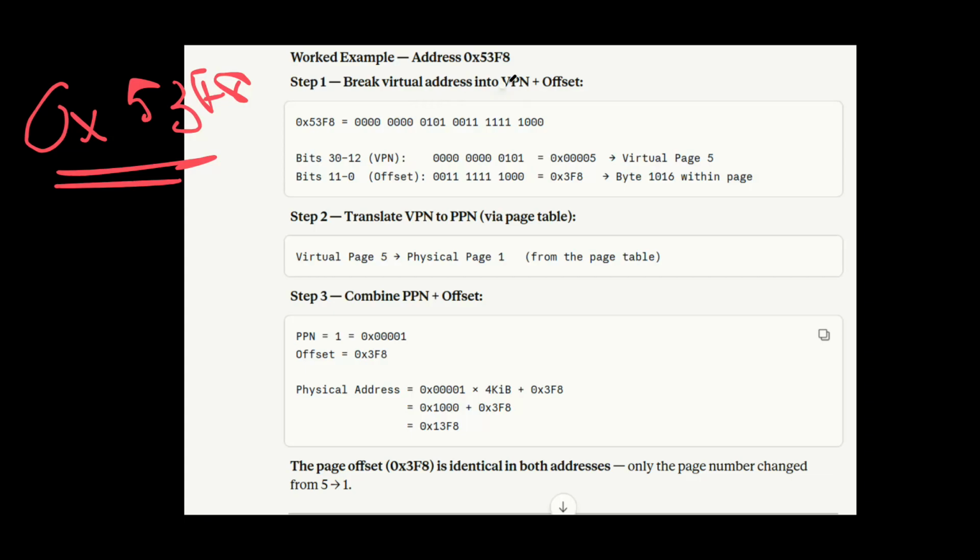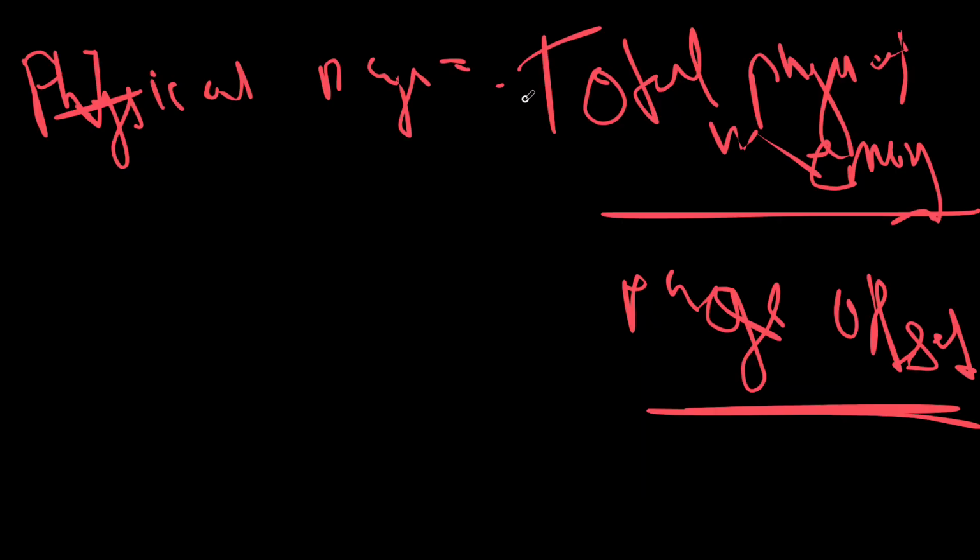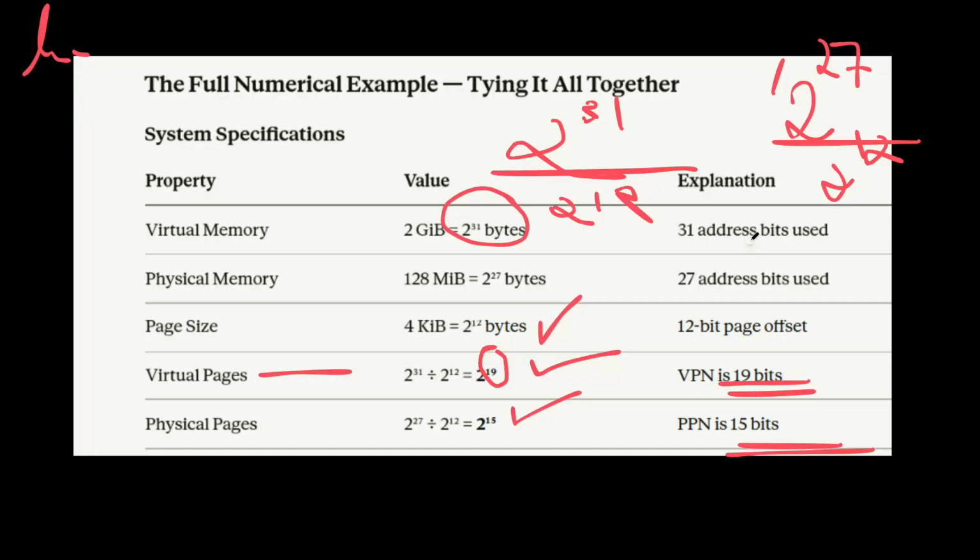I told you my virtual address would be how many bits, which I calculated. My virtual address is 31 bits.